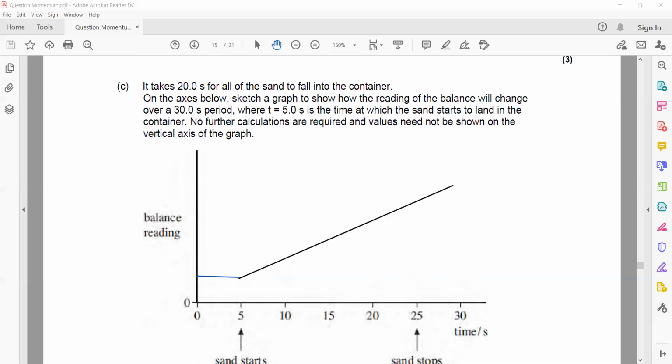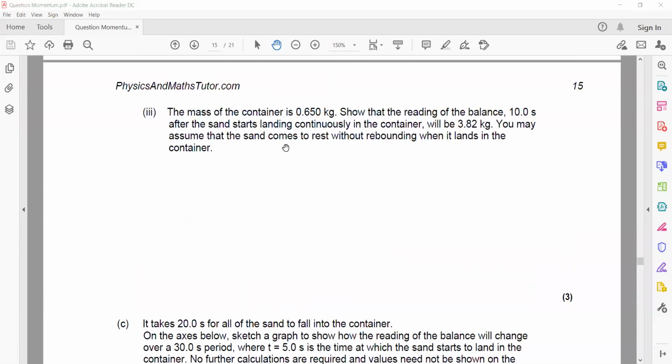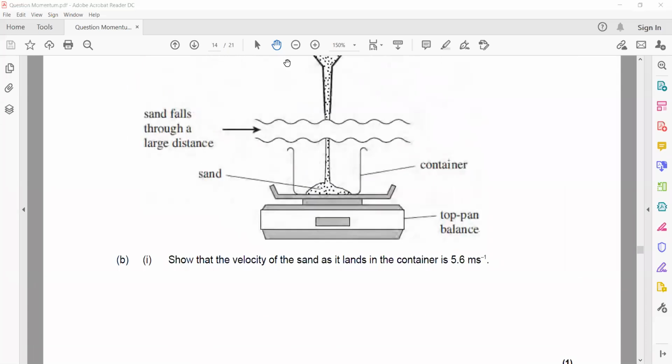And then practically, what is happening? The downward forces: there is the weight of the container, there is the weight of the sand, and there is a force due to the sand because of the change in momentum.